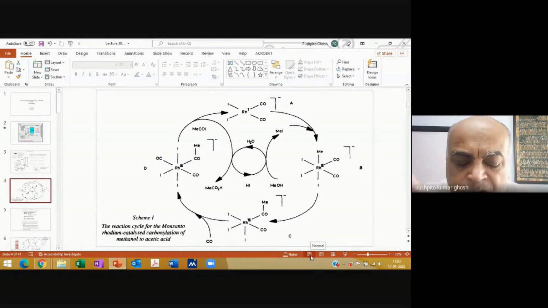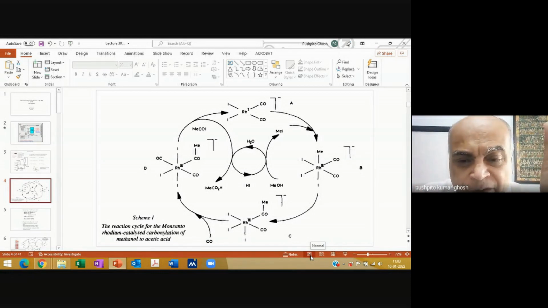In acetic acid, you have got a carbon-carbon bond, CH3CO2H. So obviously the carbonylation had to take place in between the CH3 and the OH. So that means you have to insert CO between the CH3 and the O.